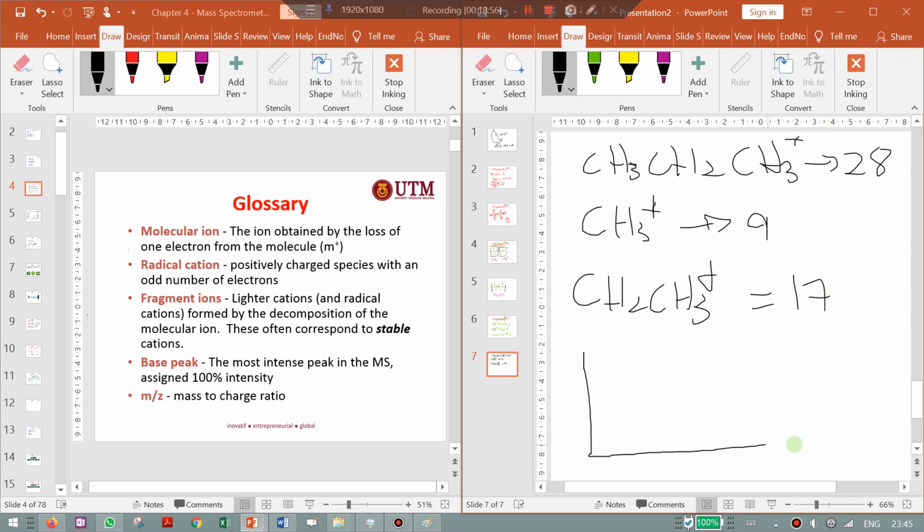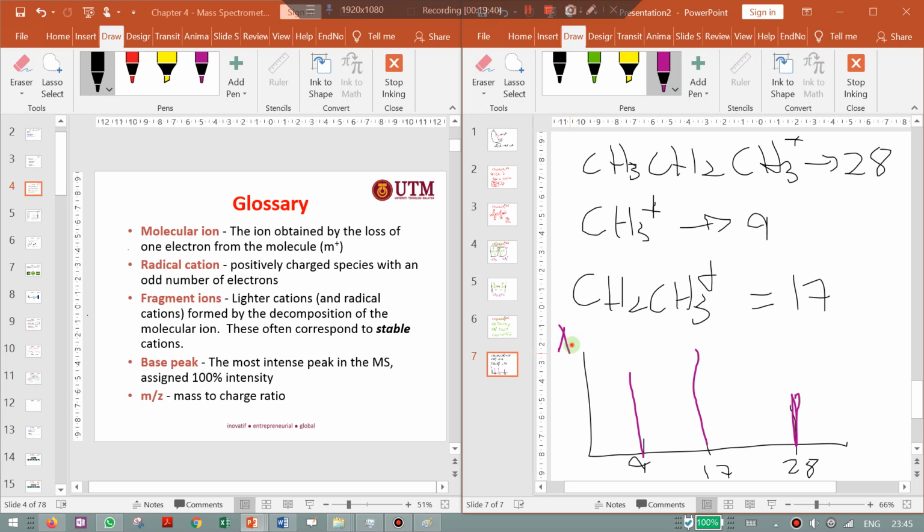So in the mass spectrum, let's say here is 9, here is 17, here is 28. We will see a peak for that particular charge. You will see a peak representing that particular ion. For each ion you have a peak with a certain height. The most abundant peak is the base peak.